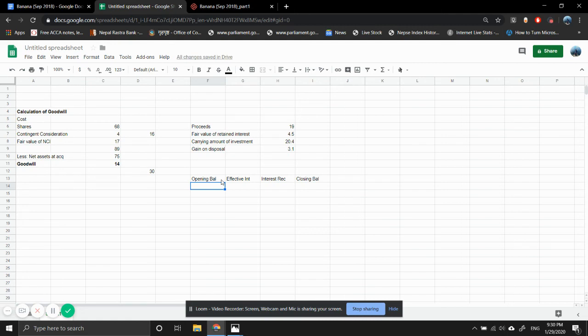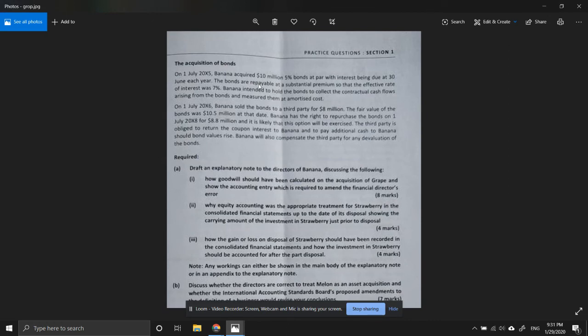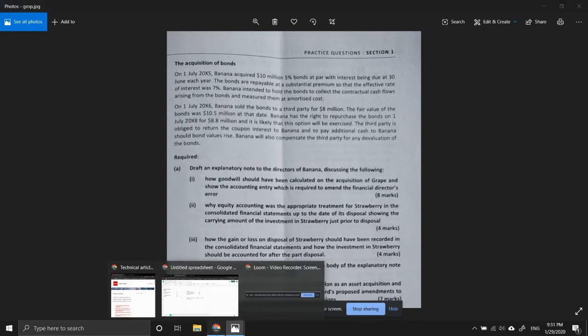So what was the opening balance? 10 million, right? 10 million, 5% at 30th June each year.